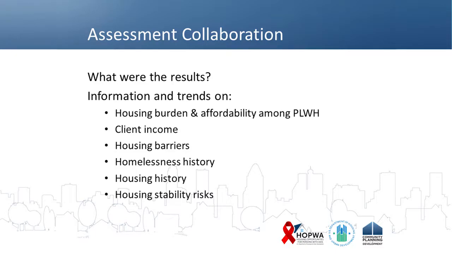So let's talk a little bit about what the results were. It gave Louisiana and New Orleans for the first time information on trends over time, because we did this over 8 years' time with 4 different surveys on housing burden and affordability among people living with HIV.